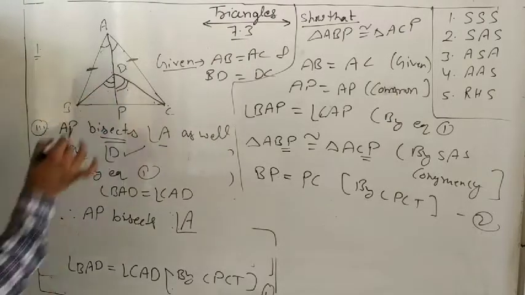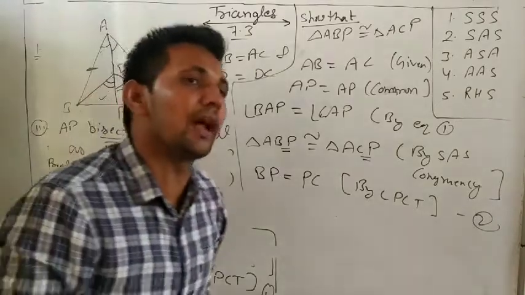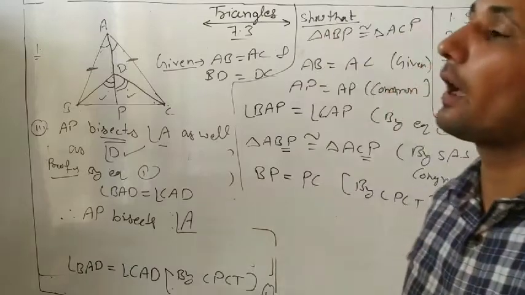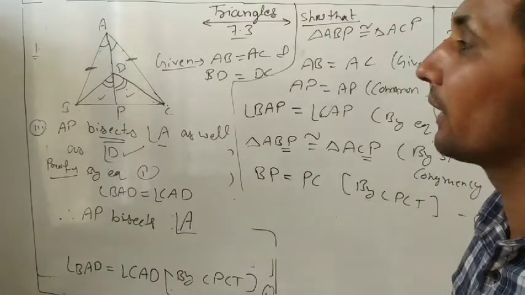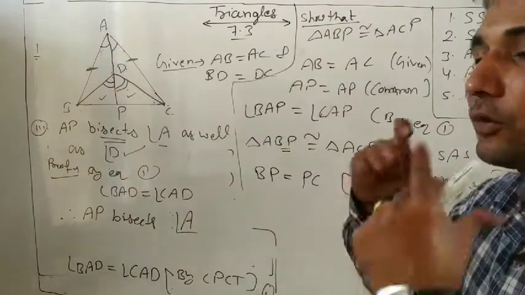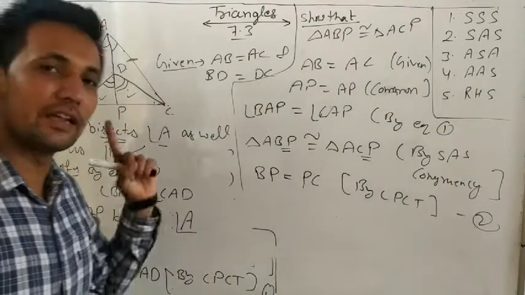There are two triangles here. First is this one, second is this one. If you want to prove that in two triangles any two angles are equal, we first have to prove that these two triangles are congruent, because if two triangles are congruent, then corresponding parts are always equal.